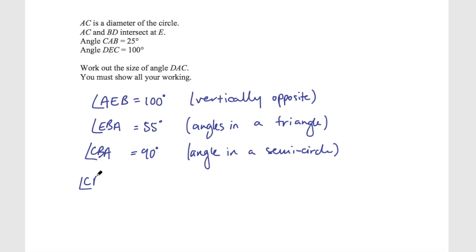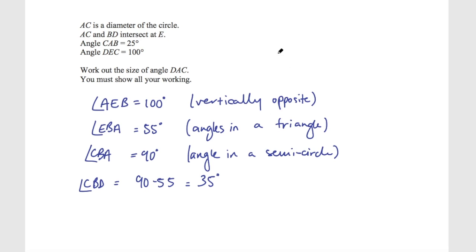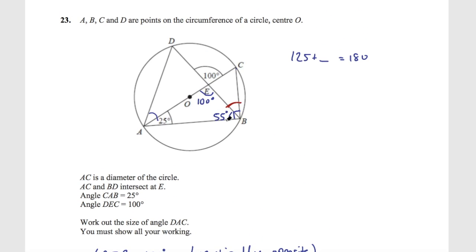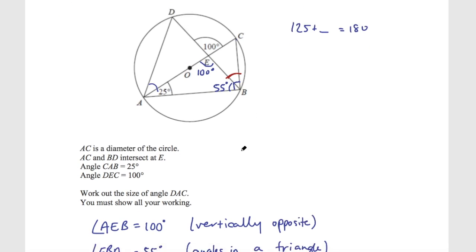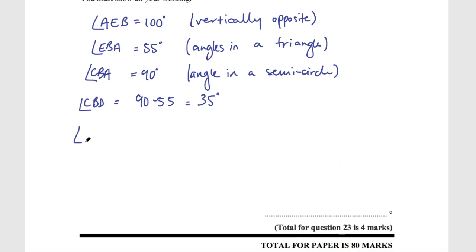Angle CBD will equal 90 minus 55. And that will equal 35 degrees, because you can see here that these two angles added together must be 90 degrees, so this one must be 35 degrees. And then we can say that angle DAC must be 35 degrees.